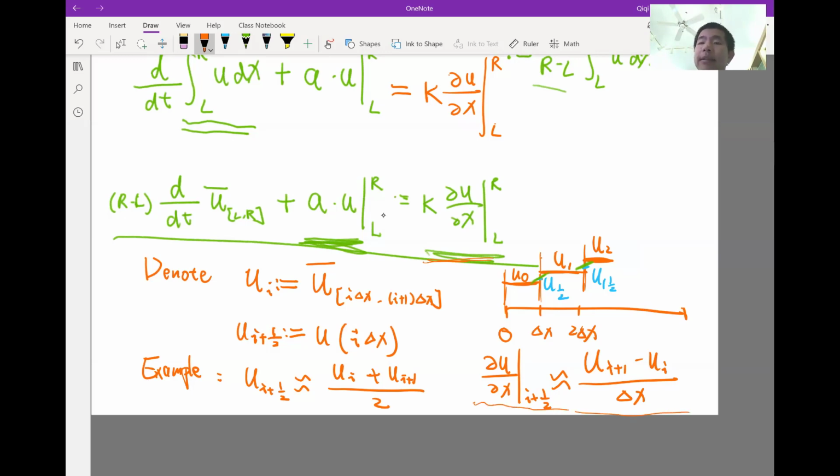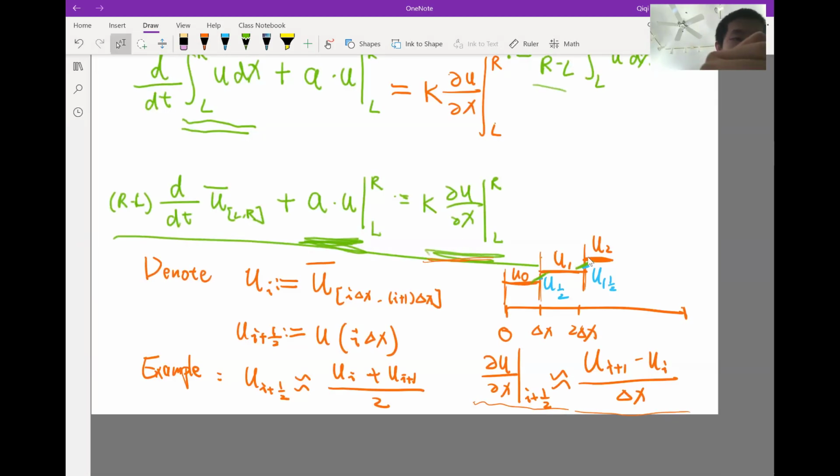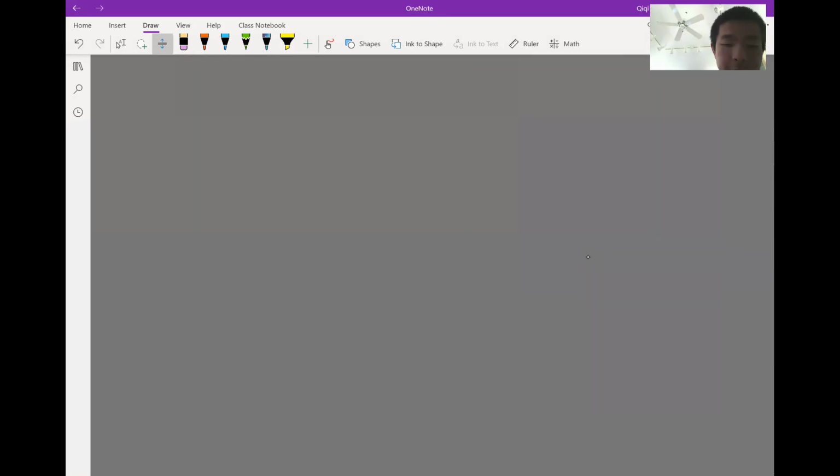Which means, is the truncation error of this approximation small? We did this in finite difference, but let me show you an example of how to do this in finite volume.